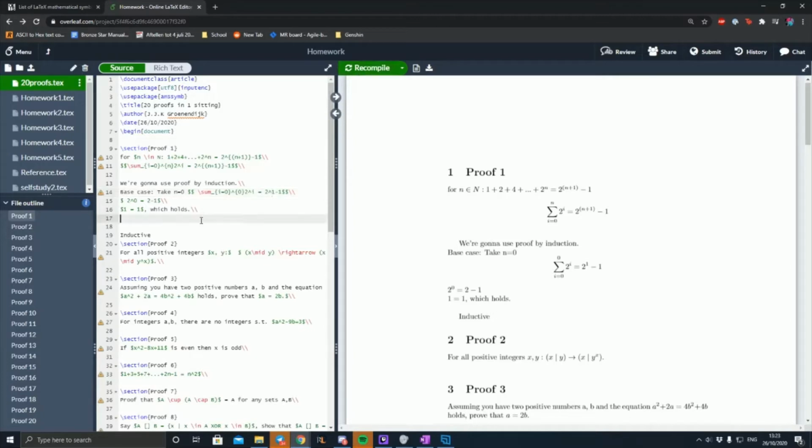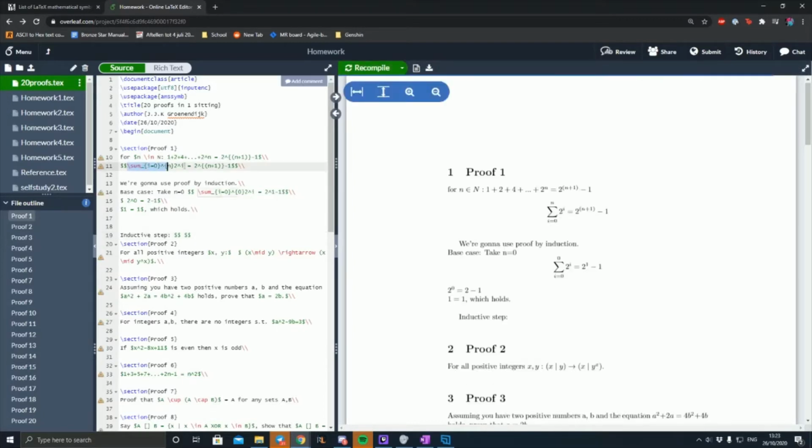Yeah. So then we have the inductive step, which is that, let me put the things down first, and I'm gonna copy this part over real quick. So basically we're just gonna fill in n and n plus 1 for what is here.